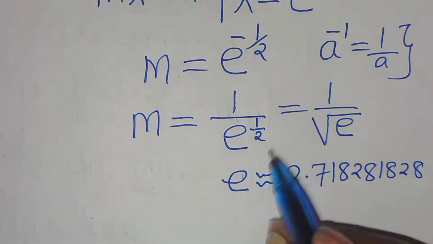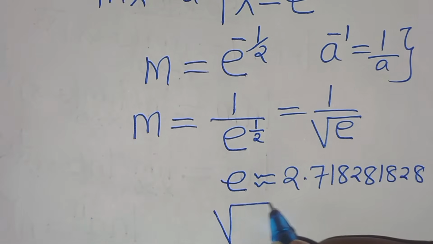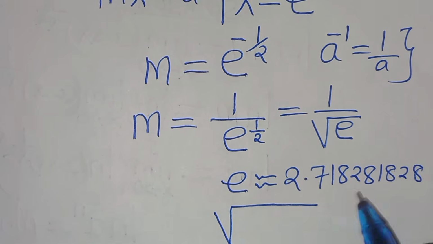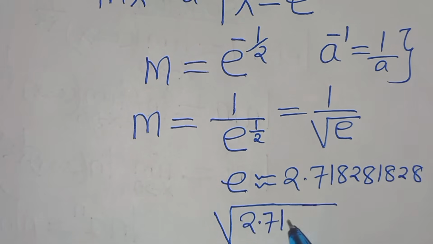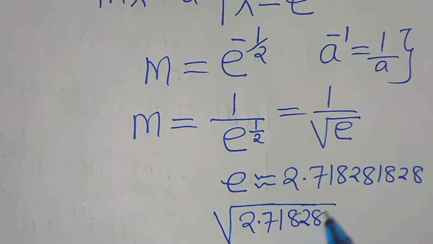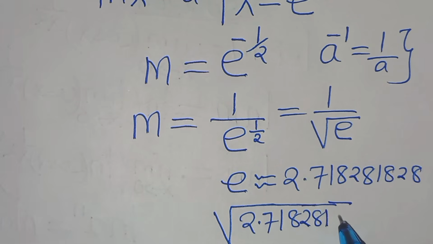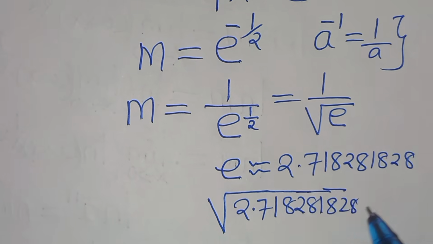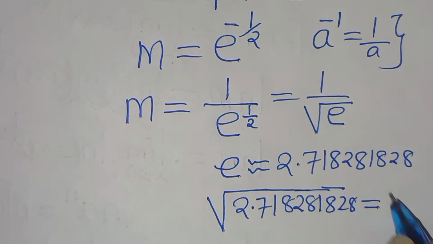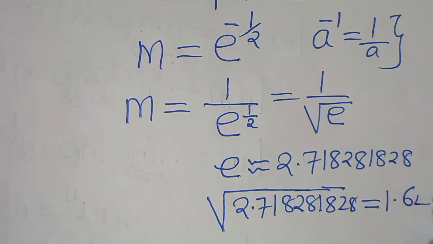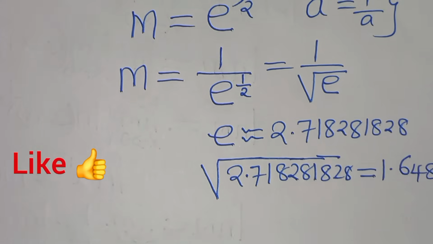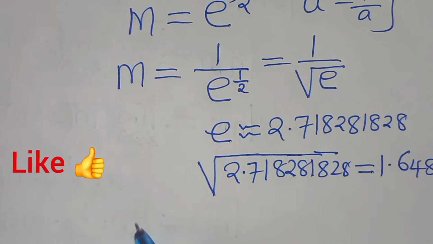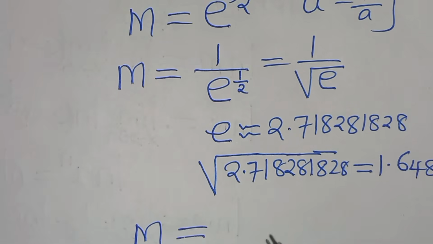And this means that the square root of exponent e is the square root of 2.718281828, and this is equal to 1.64872.